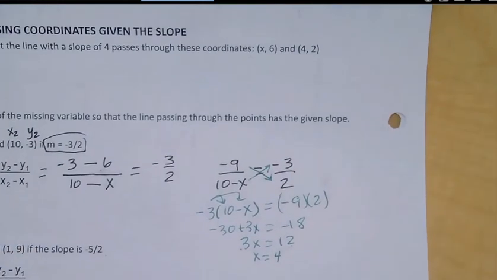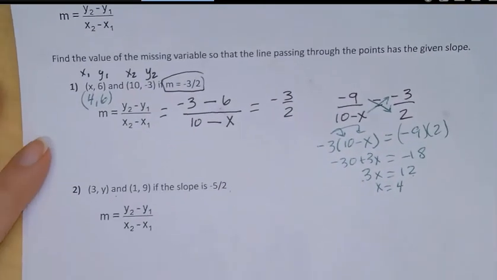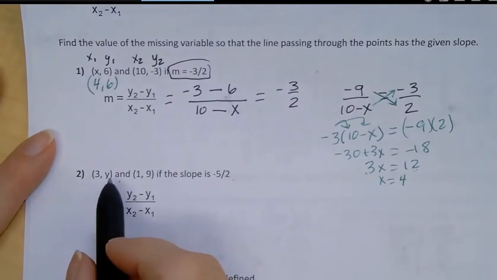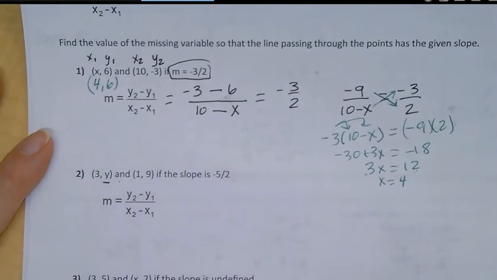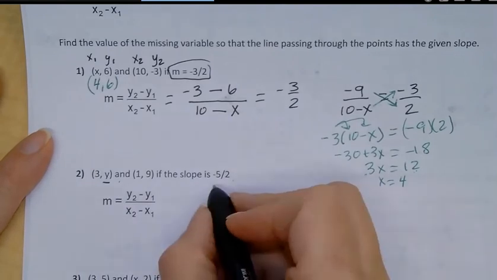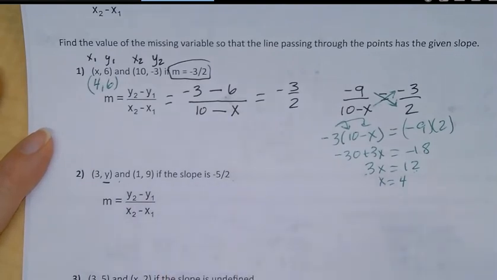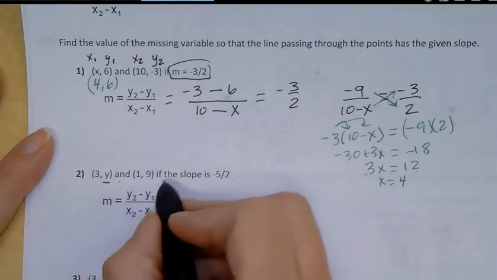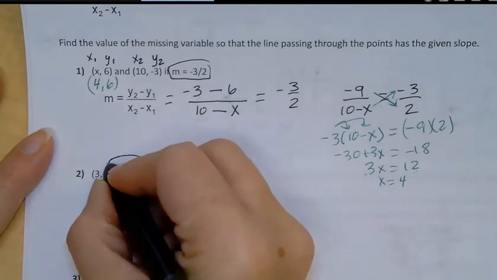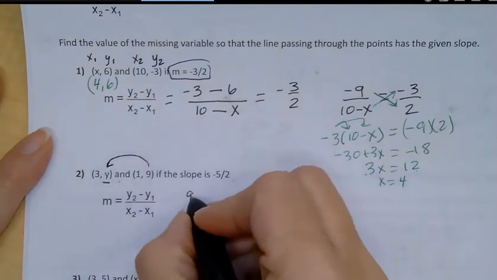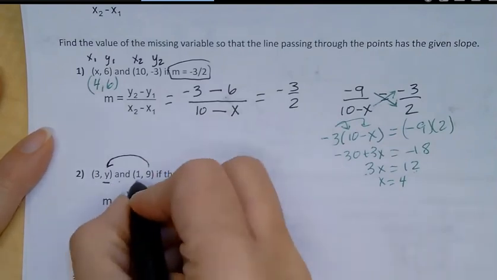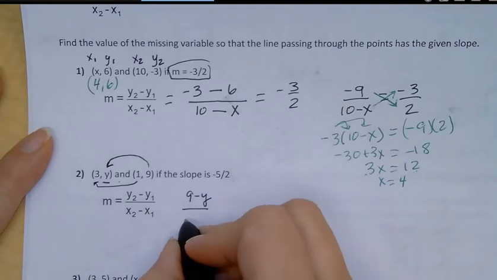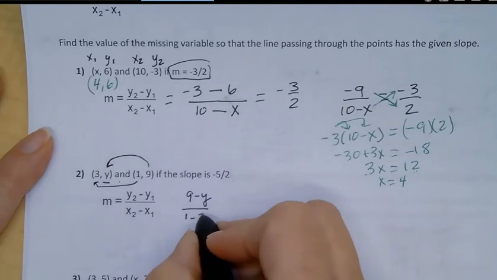Okay, let's see if we can find another missing element. We have ordered pairs (3, y) and (1, 9). So we don't know what number goes in there. We know the slope is negative 5 halves. So I know y sub 2 minus y sub 1, that's 9 minus some unknown number, over x sub 2 minus x sub 1, so that's 1 minus 3.